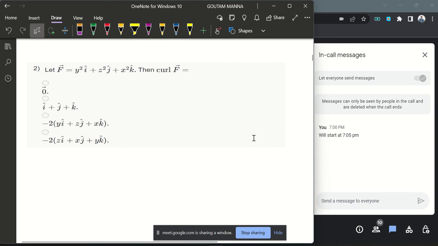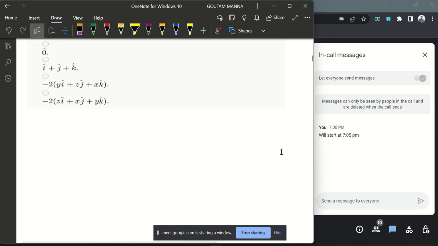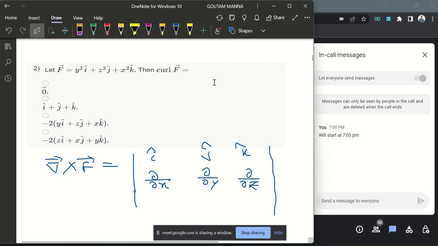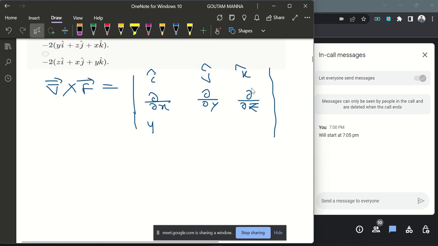Now again it's the same problem. You are given a vector field and you are asked to find out the curl. Do it similarly. The x component is y square, the y component is z square, and the z component is x square.